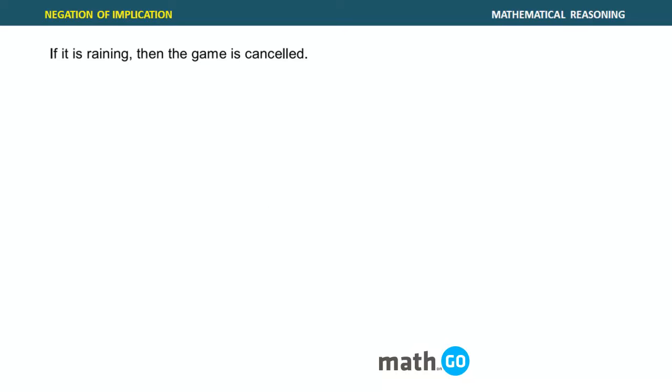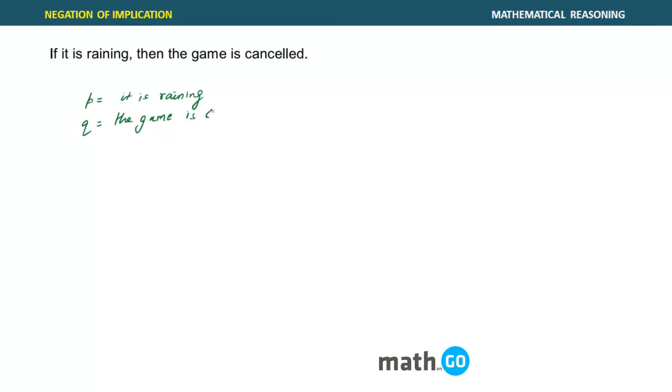If I want to negate this particular statement: if it is raining, then the game is cancelled. Let's say I'll take P only. So statement P is it is raining, and let me take statement Q is the game is cancelled.